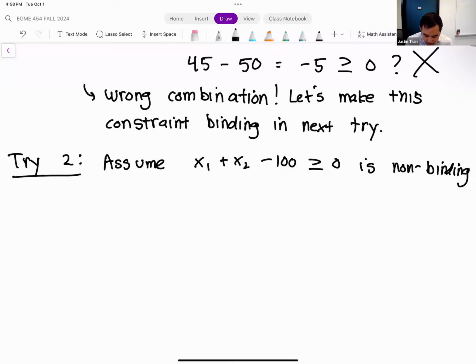Just like before, let's turn our other 2 constraints into binding constraints. Our first constraint in this case is x1 minus 50 must be greater than or equal to 0. If this constraint is going to be binding, we turn it into an equality constraint.